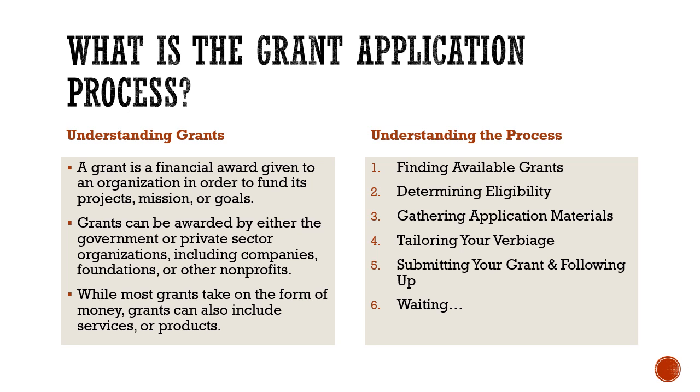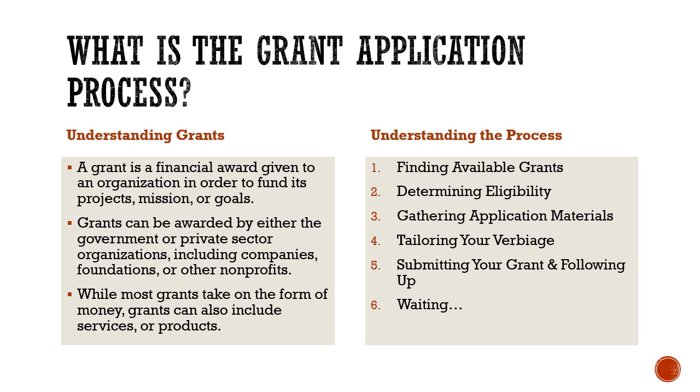From a 30,000-foot view, grants can be awarded by either government entities or the private sector, and we'll talk more about what we call within the NAIA funnels and levels, funnels being the private or public sector, and levels being local, state, or international levels of funding.